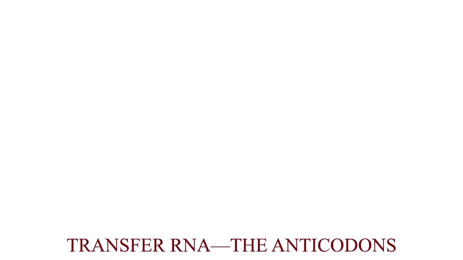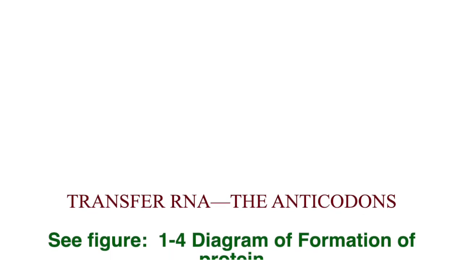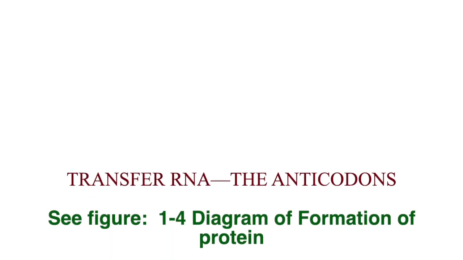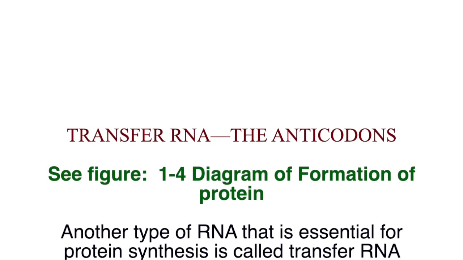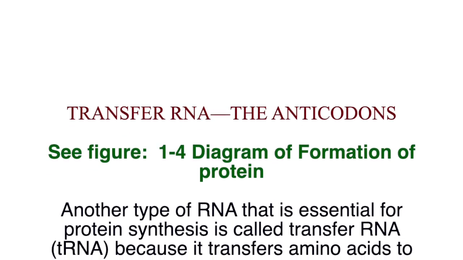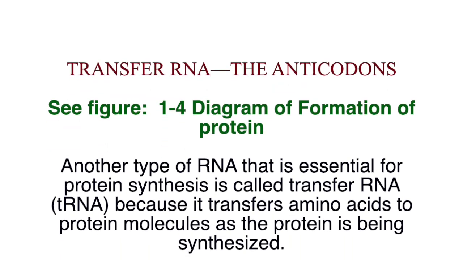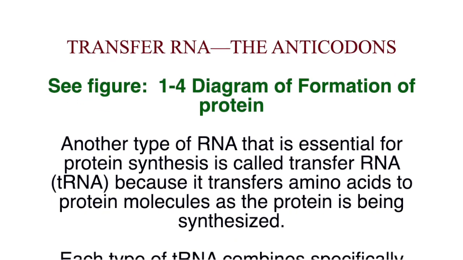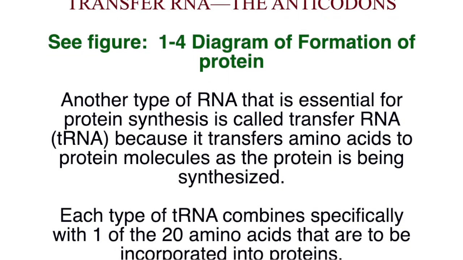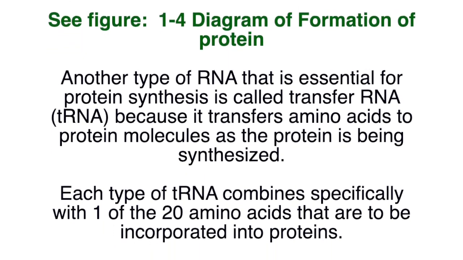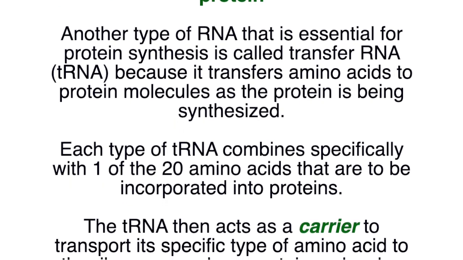Transfer RNA, the anticodons. See figure 1.4 shown earlier, the formation of protein diagram. Another type of RNA that is essential for protein synthesis is called transfer RNA, tRNA, because it transfers amino acids to protein molecules as the protein is being synthesized. Each type of tRNA combines specifically with one of the 20 amino acids that are to be incorporated into proteins.